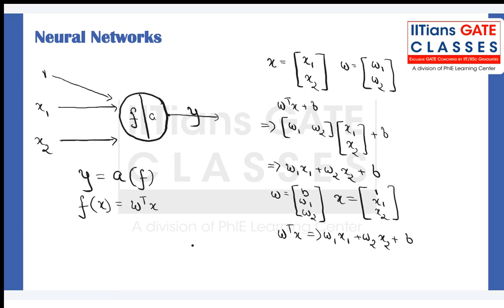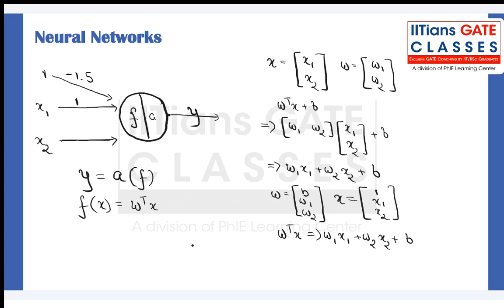So my X vector is now 1, X1, X2. My W vector is very generic, B, W1, W2. So the weight I associate with this value 1 is minus 1.5. The weight I associate with X1 is 1, X2 is 1.